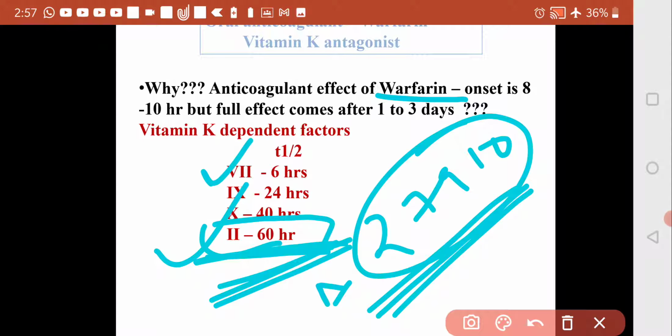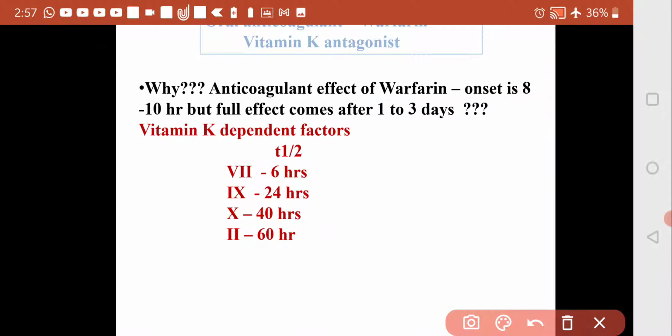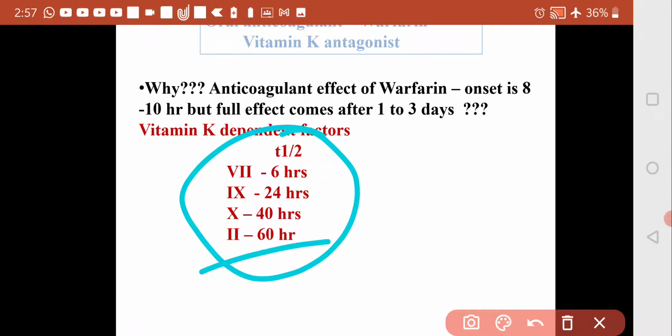So the warfarin onset of action is 8 to 10 hours, but there are already synthesized factors available in the blood, and we saw the half-life of factor 2. So the full effect comes after 1 to 3 days.